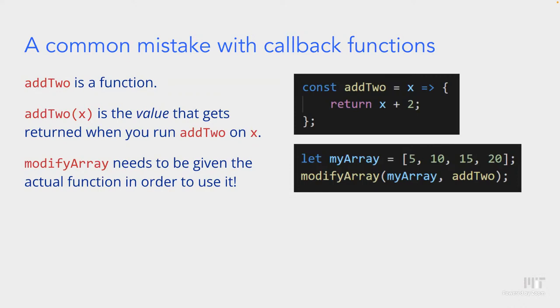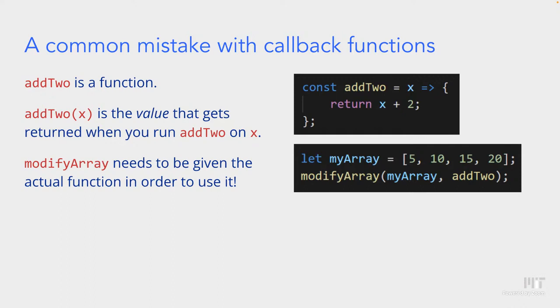Okay, and now a common mistake with callback functions is that whether you have the parentheses or not changes some things. So add two itself without the parentheses is a function, whereas add two parentheses x means that you're calling this function on x, which means that this returns a value when you run add two on x.